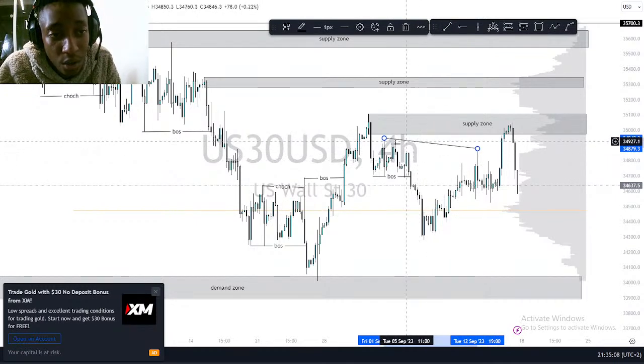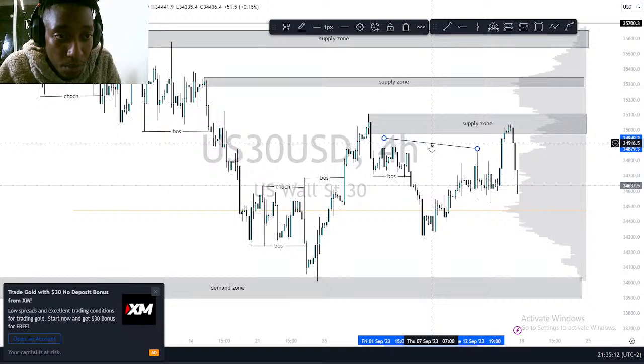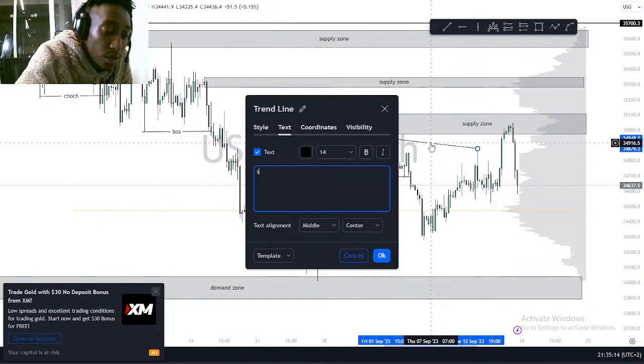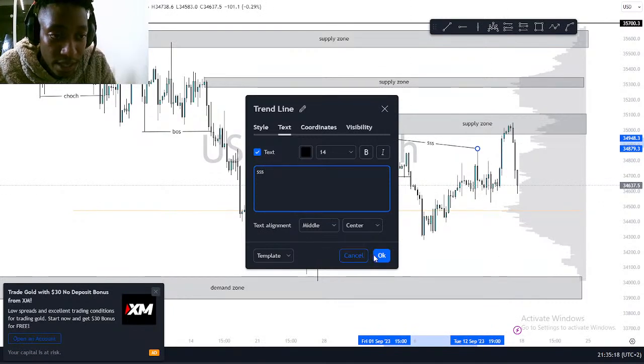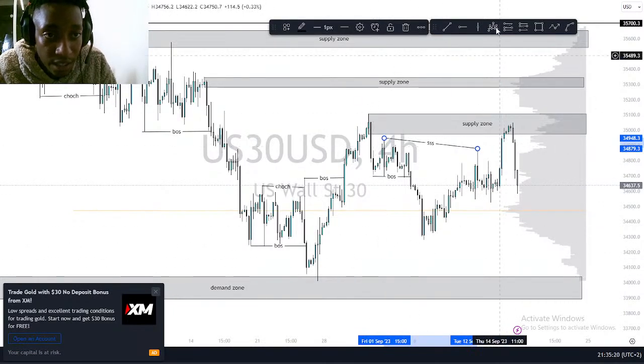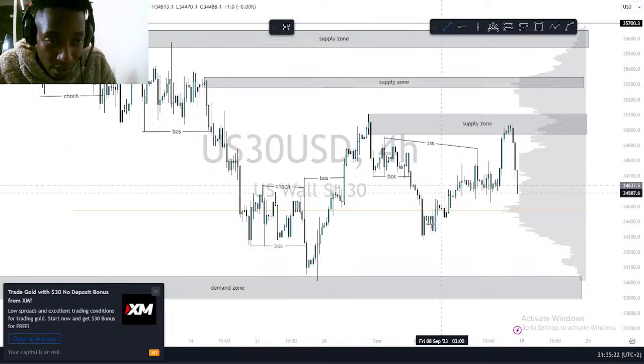We had buy side liquidity on these two levels, so the market took out the buy side liquidity first, and then that's where it started to push to the downside.